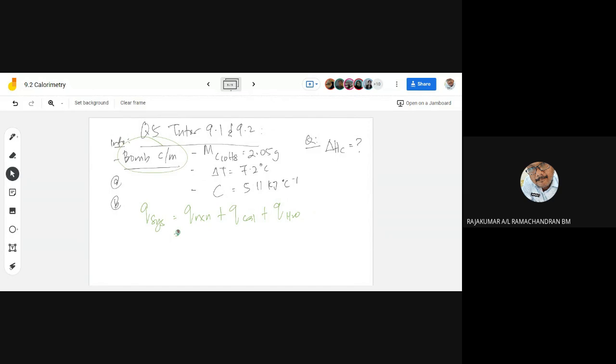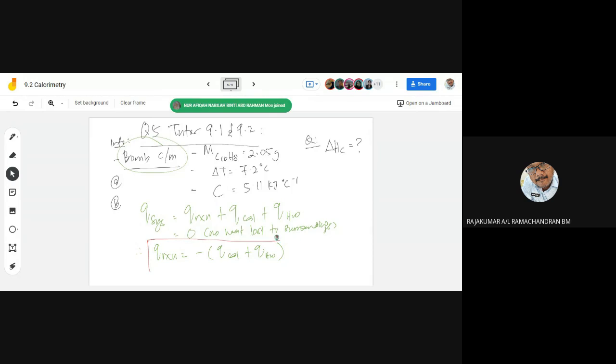No heat loss to surroundings. Okay. Therefore, Q reaction equals to negative Q calorimeter plus Q water. So this is our formula to calculate the Q reaction.